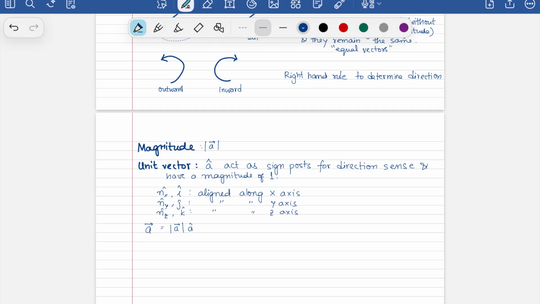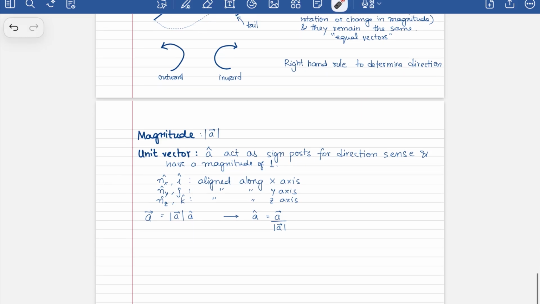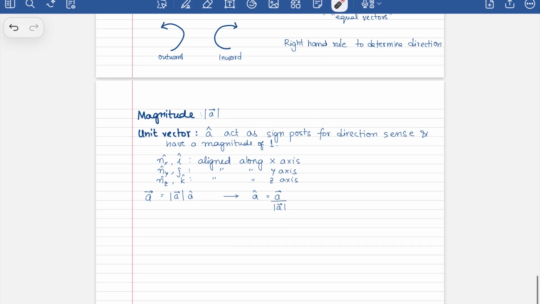This could also allow you to write that the direction sense of any vector is simply that vector divided by its magnitude. Okay, can we divide two vectors? No, it doesn't make any sense. But this here is a vector and this here is a scalar. So you can divide a vector by a scalar magnitude. And so this here gives you a new vector which has a magnitude of 1 and the direction will be along this vector that you're interested in.